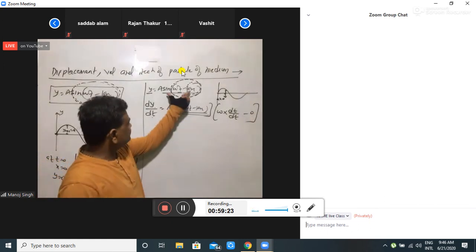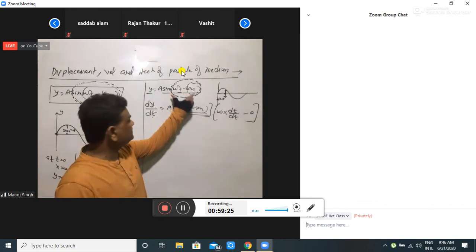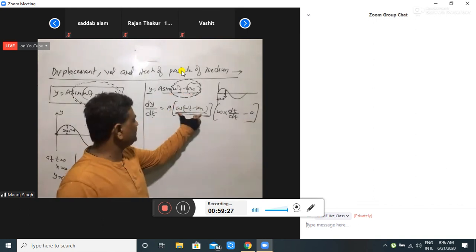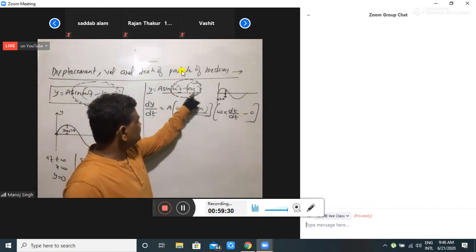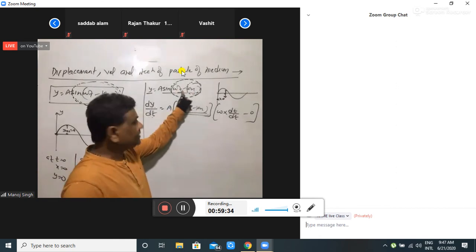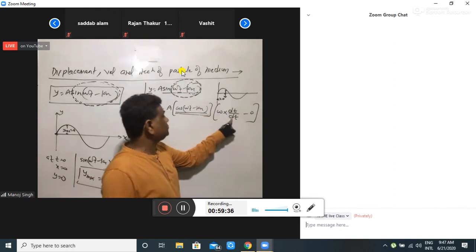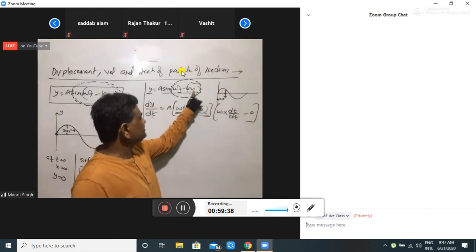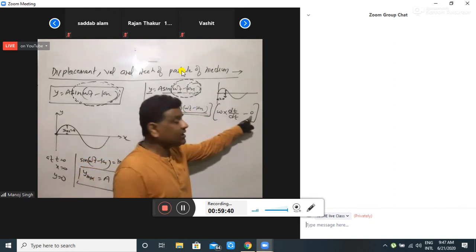So the differentiation of sine of omega t minus kx is cos of omega t minus kx, and the remaining differentiation of omega t minus kx is omega, since kx is constant and gives 0.